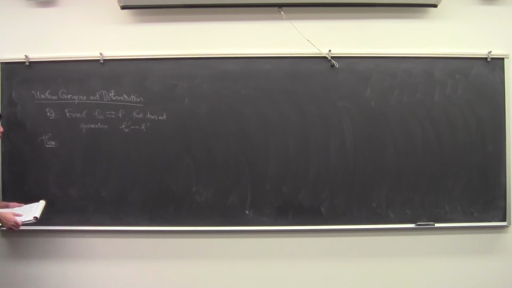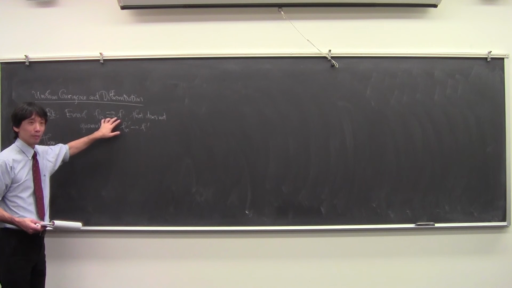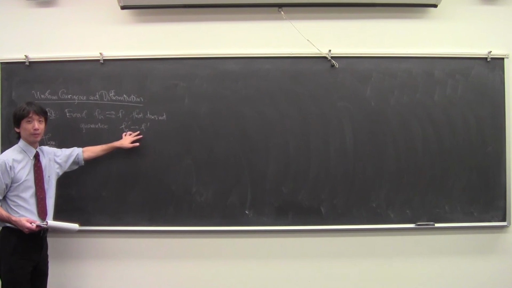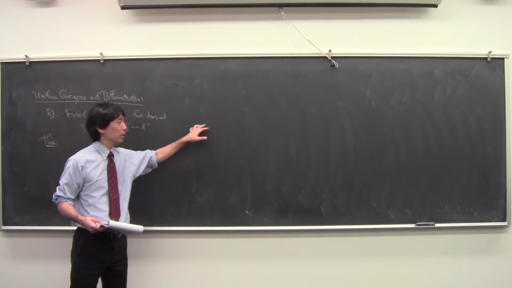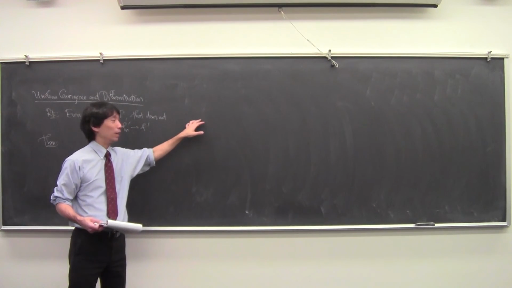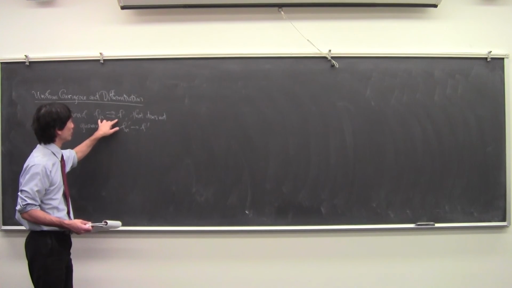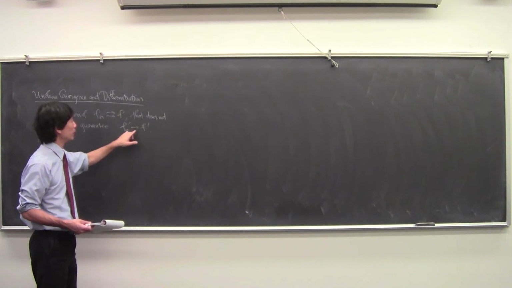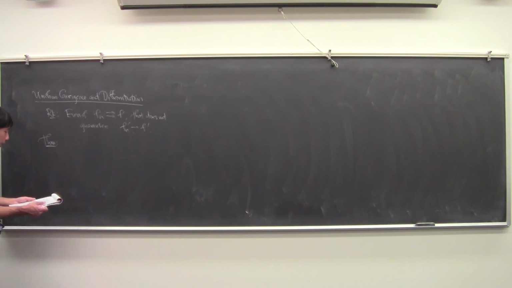We do have a sort of a result in that direction. This is sort of what you would hope, that uniform convergence allows you to interchange differentiation and limit, just like uniform convergence allowed you to interchange integration and limit. But that doesn't happen.